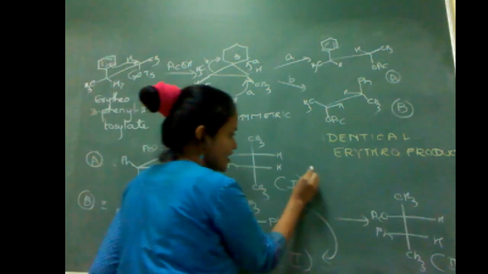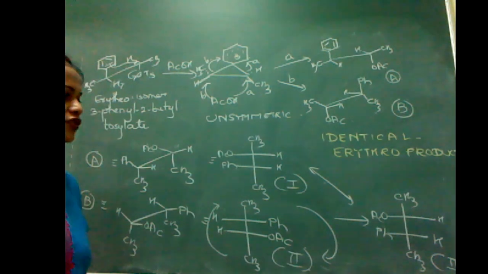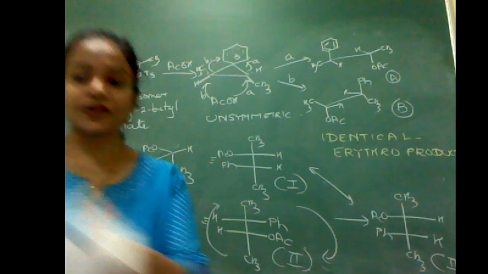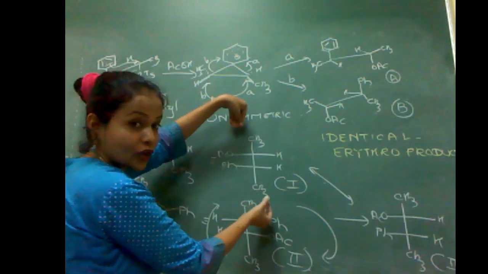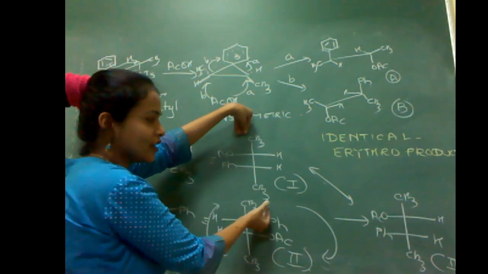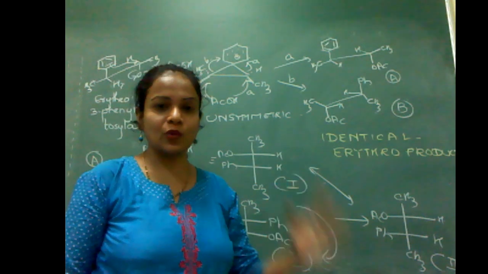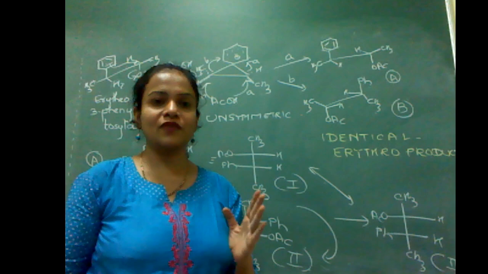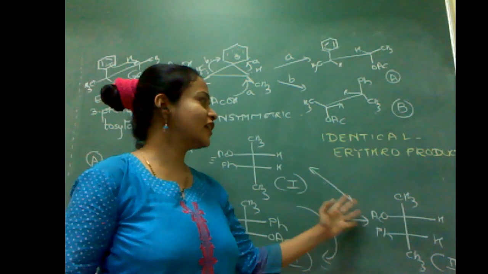What you can see is, if you compare your structure 1 and structure 2, as compared to the earlier example, if I take my structure 3 and put it on structure 1, you are getting images which are superimposable with respect to each other. Those things which are superimposable are known as identical products.